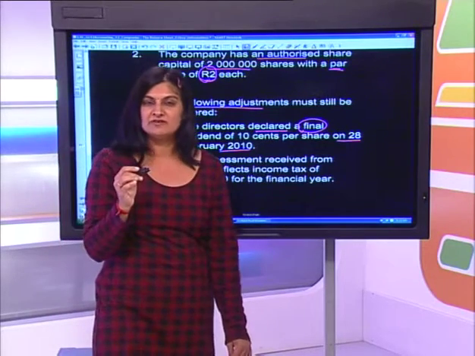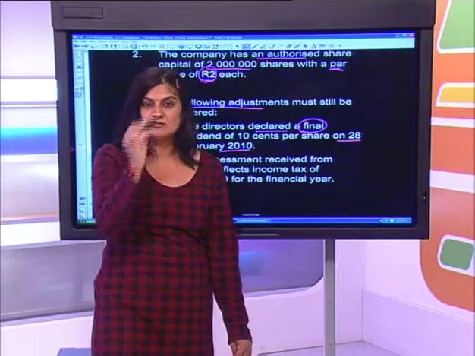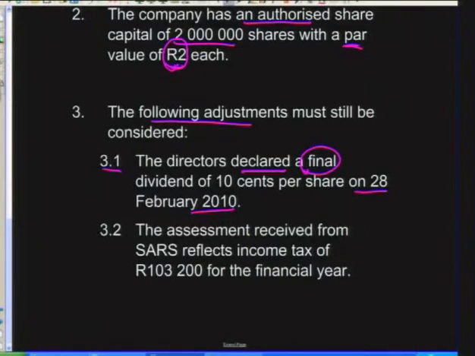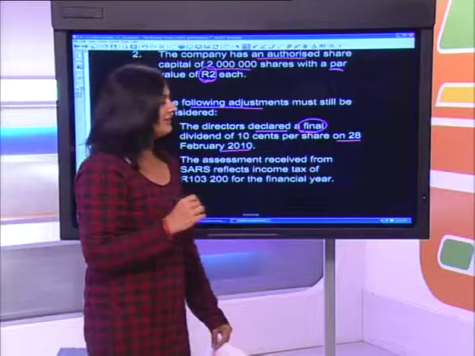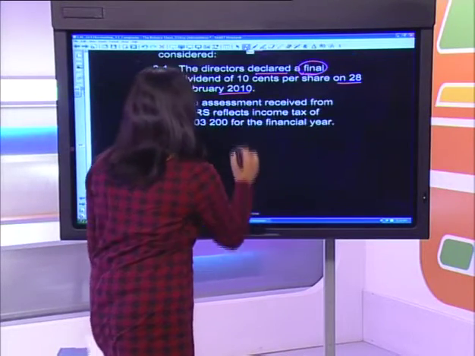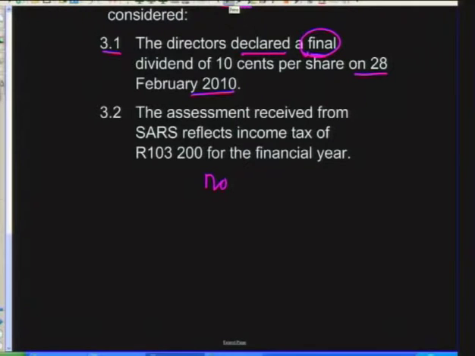Ordinary share dividends, guys, is made up of interim plus final. So this adjustment is going to assist us to calculate that final dividend. Now, in order for me to calculate the final dividend, I need, let's just extend the page there, I need the number of shares issued.